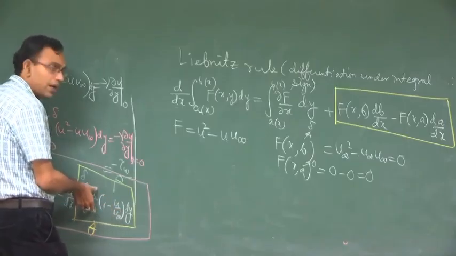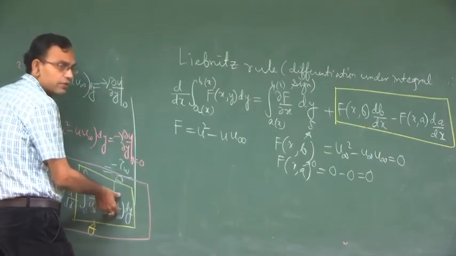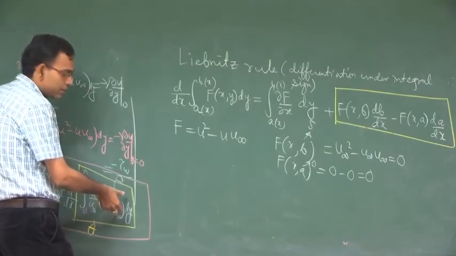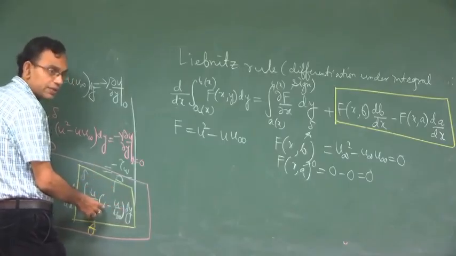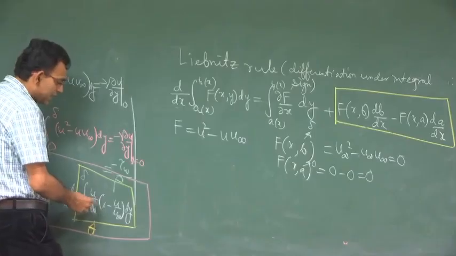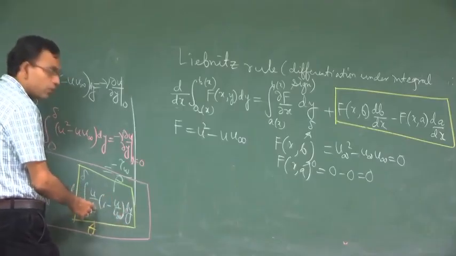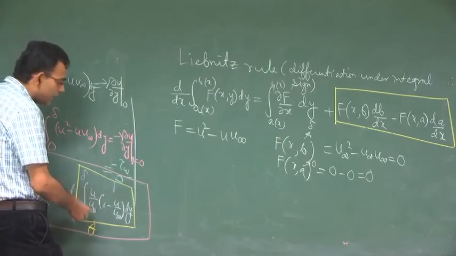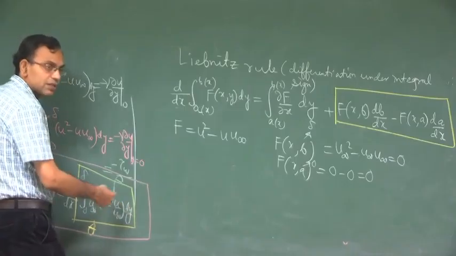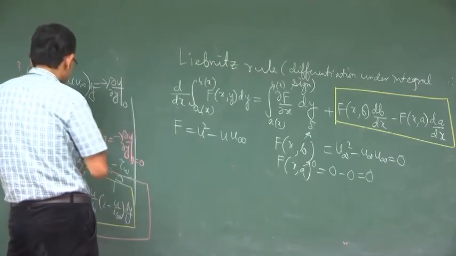So, let us say u by u infinity has some error, 1 minus u by u infinity will reduce that error because it is complementary to u by u infinity. Not only that, this function is integrated. So, the error in u by u infinity will be much arrested if you integrate u by u infinity over the domain from 0 to delta. So, it is something like this.